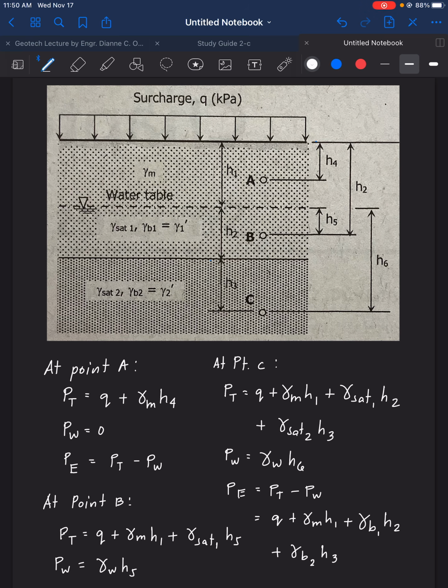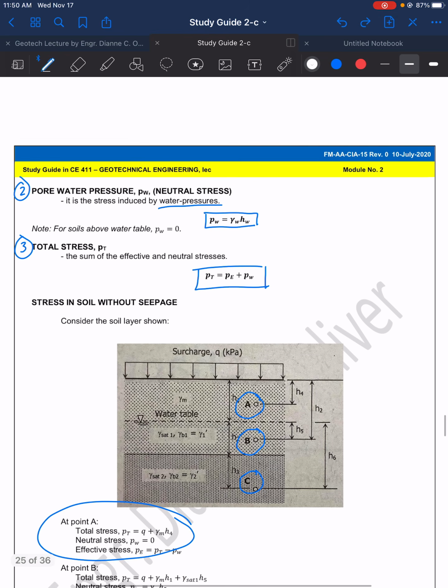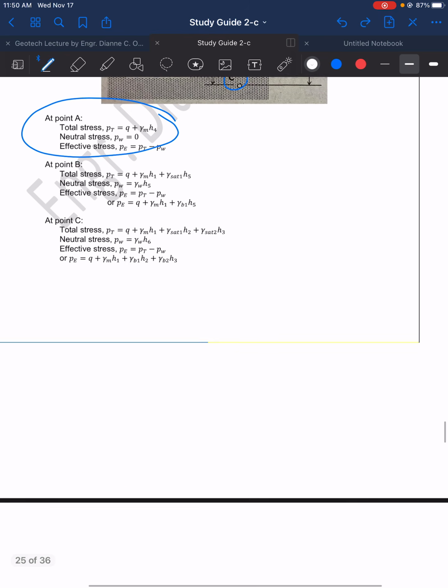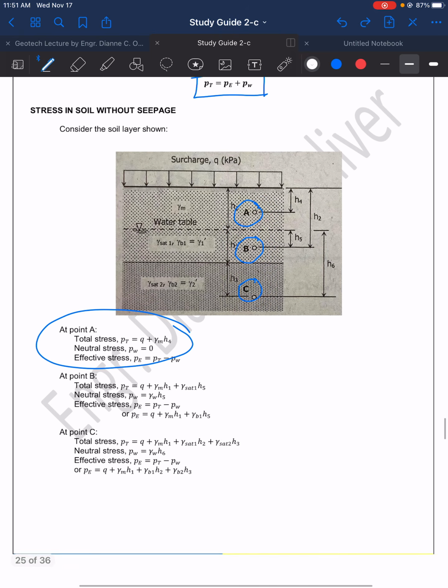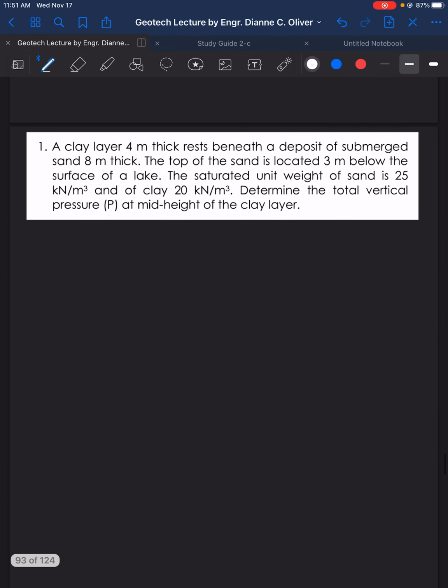Okay, so that's how the calculations were taken or derived. Okay? So let's solve for examples before we proceed to the other discussions.